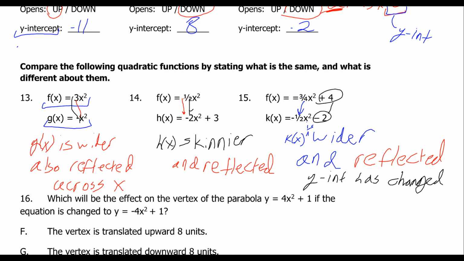Now, we can say the same thing here. So y-intercept changed. Almost forgot to mention that. And it's pretty simple there. No big deal.